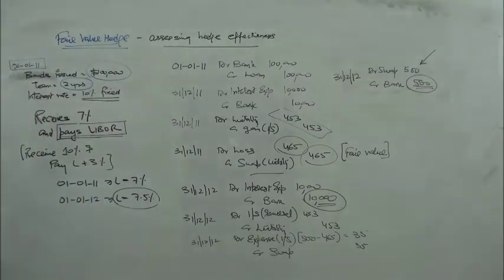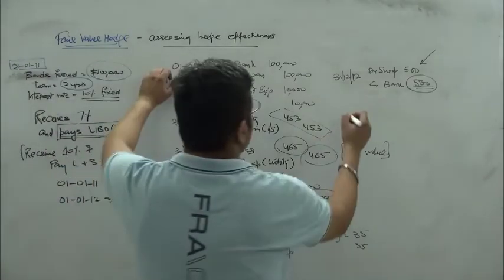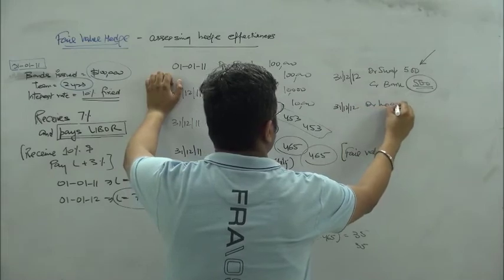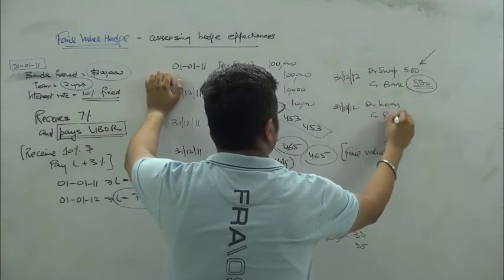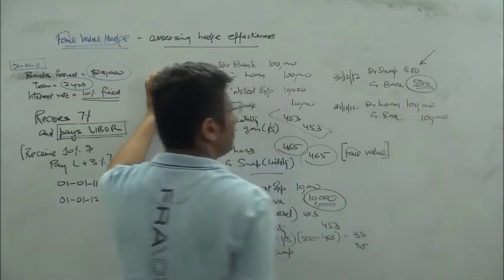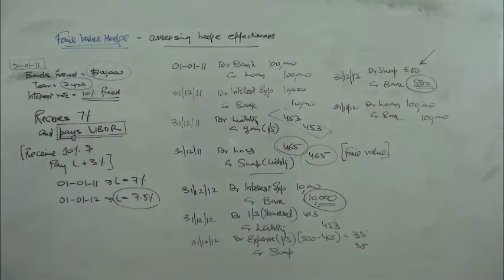Now, importantly, of course, I settle this loan also. So I would say 31st of December 12, debit loan, credit bank as 100,000 here. Looks okay? Yep.